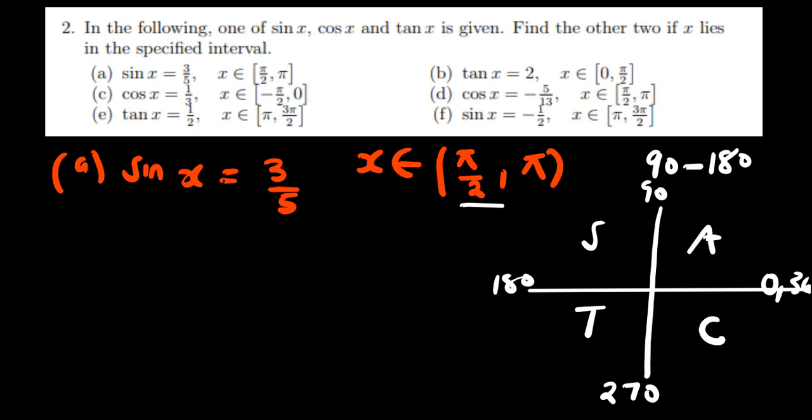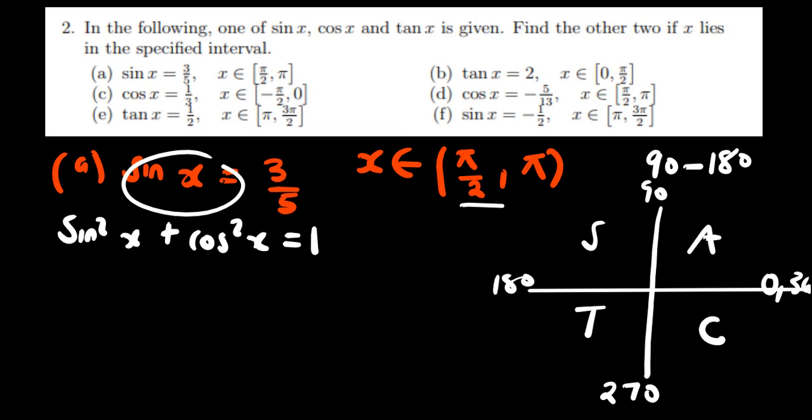Now we learned about something very important here, trigonometric identities. You know that sine squared of x plus cos squared of x is equal to 1. We've been given what sine x is, so we can find cos, because the question says one of sine x and cos x is given, find the other two if x lies in that region. So we're just going to do that.